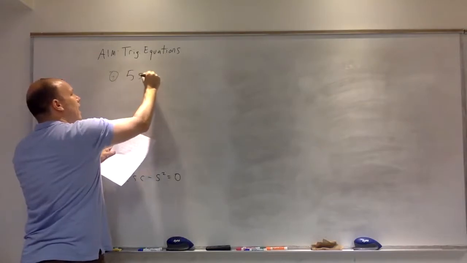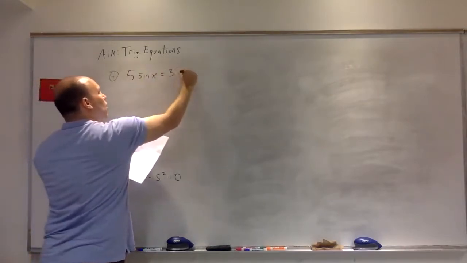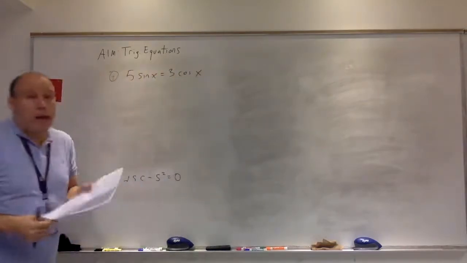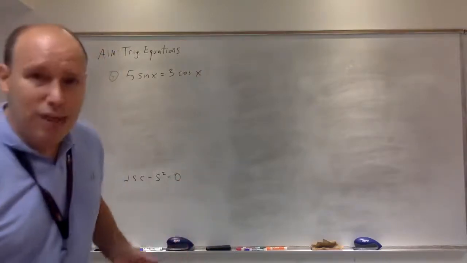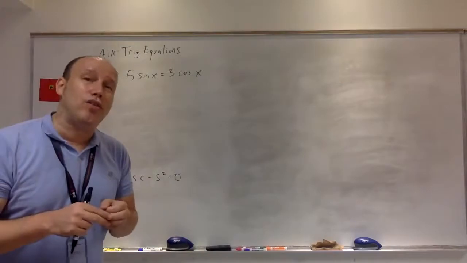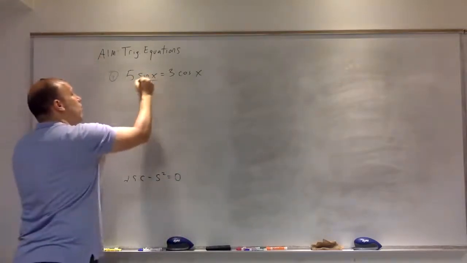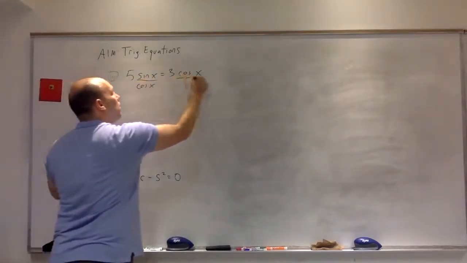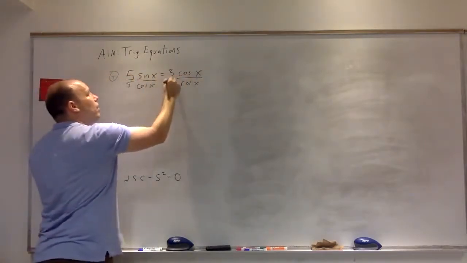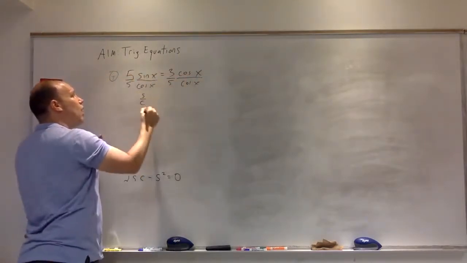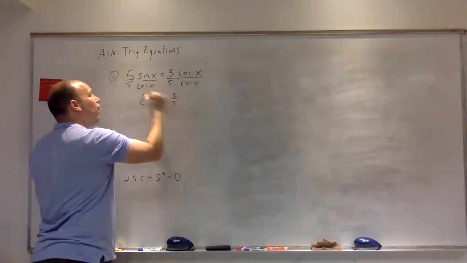Let's take a look at this one. 5 sine x equals 3 cosine x. It looks kind of weird, and it might show up, but the question is, can we use an identity? And the answer is yeah. What you're going to do is divide both sides by cosine, and divide both sides by 5, and you're going to end up with sine over cosine equals 3 over 5.